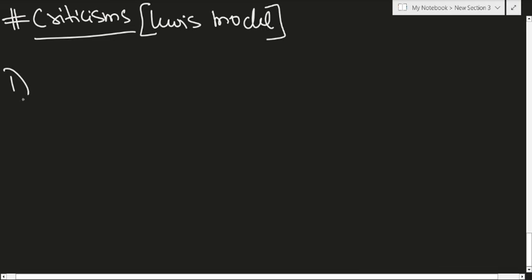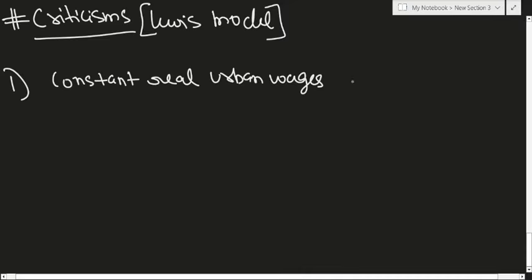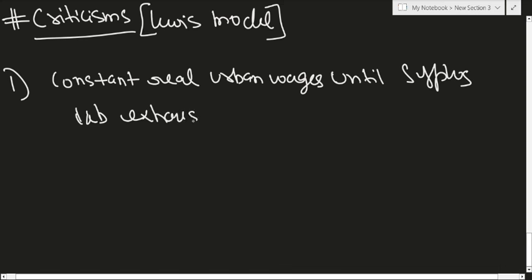Lewis model. So basically, first they say that there is a notion that there is a continued existence of constant real urban wages until the point that surplus labor is exhausted.